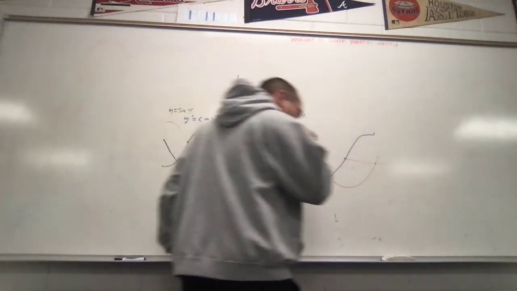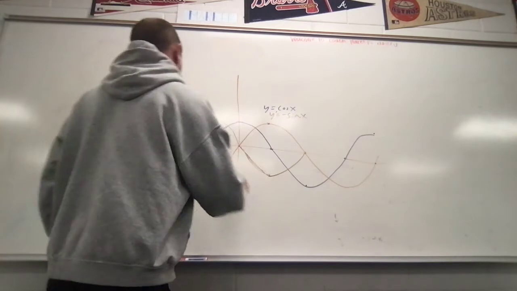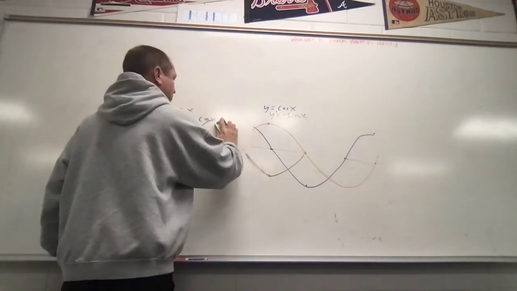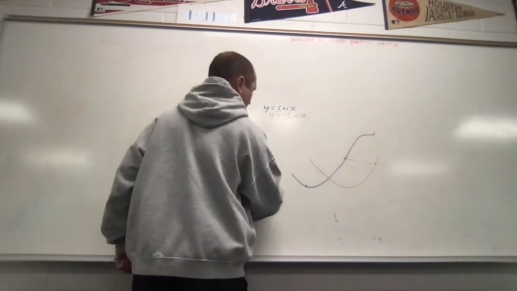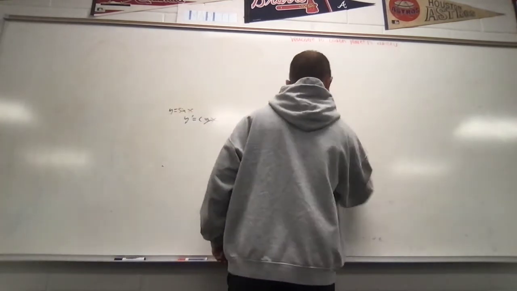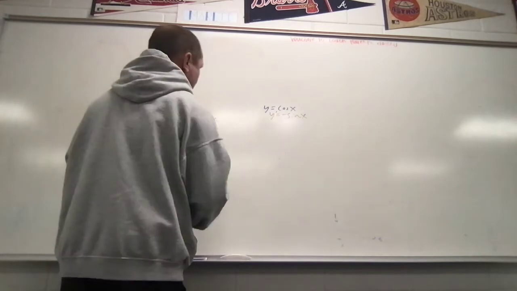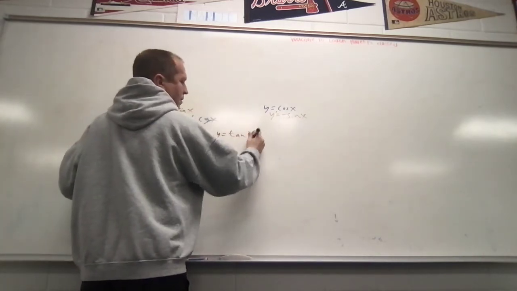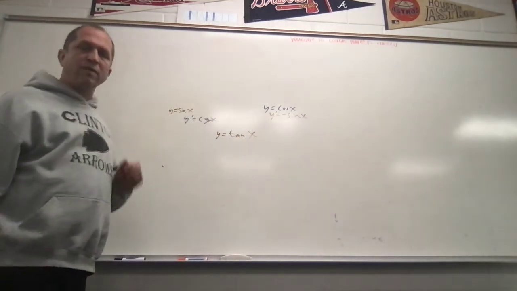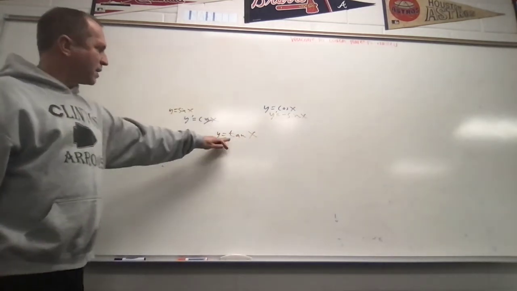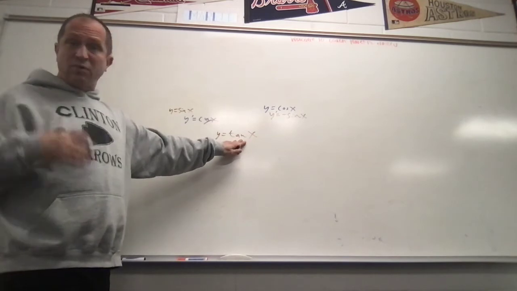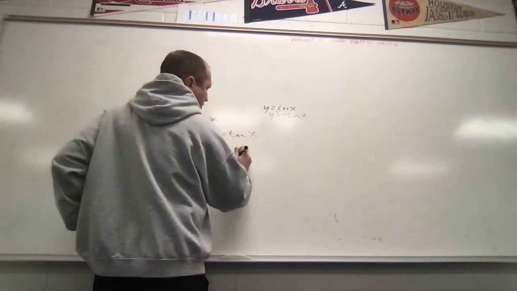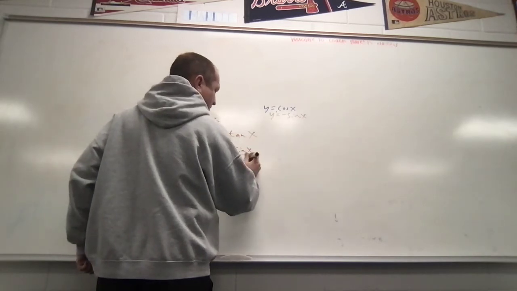Now, let's consider tangent. For the derivative of tangent of x, I'm going to take this and turn it into a quotient, because we learned quotient rule last time, right? So I'm going to say that this is the quotient of sine x to cosine x.